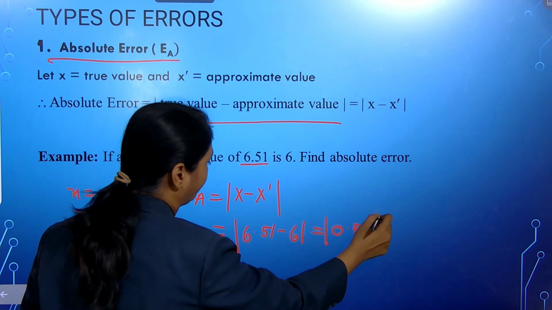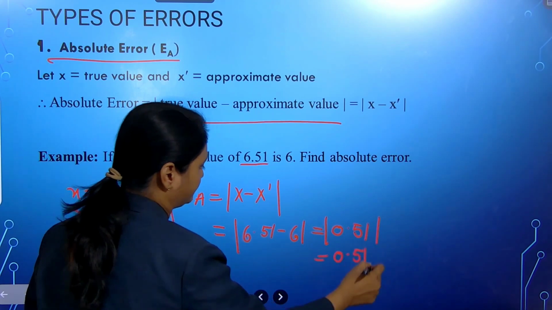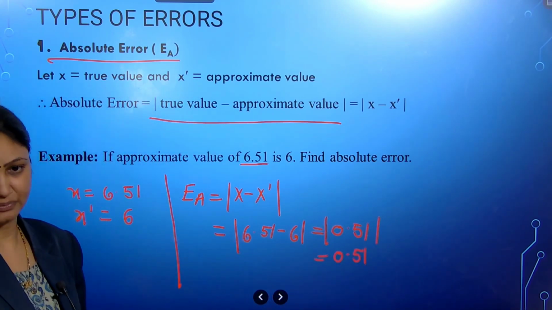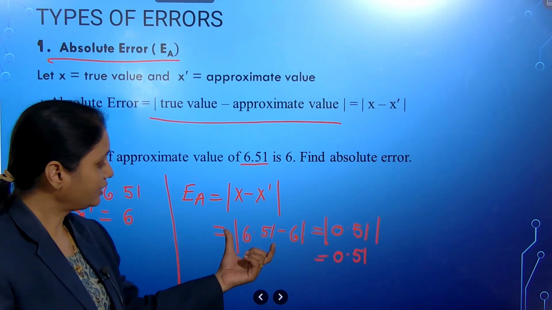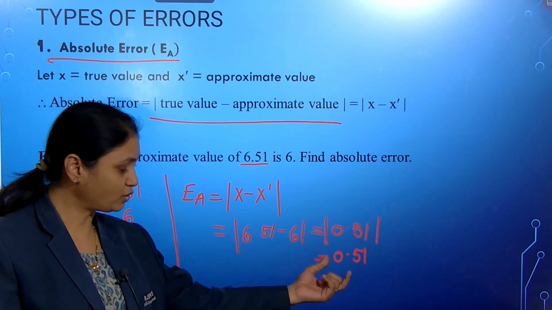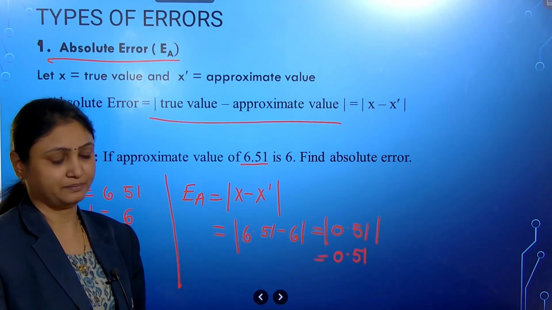Mod of 0.51 is equal to 0.51. Since the error is not a negative quantity, it is taken in mod. So here the absolute error is 0.51.